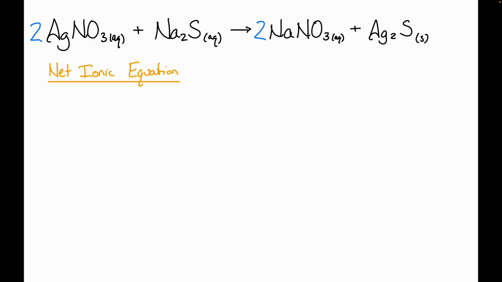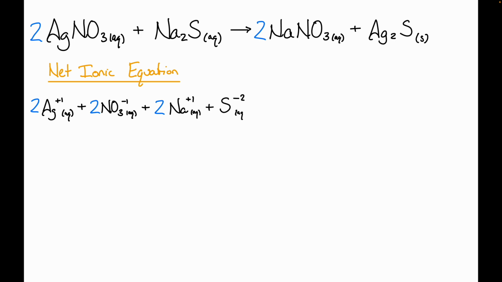Cool, and that'll be important for when I do my net ionic equation, because everything needs to remain balanced. My 2 silver ions plus my 2 nitrate ions, 2 sodium ions and that 1 sulfide ion.